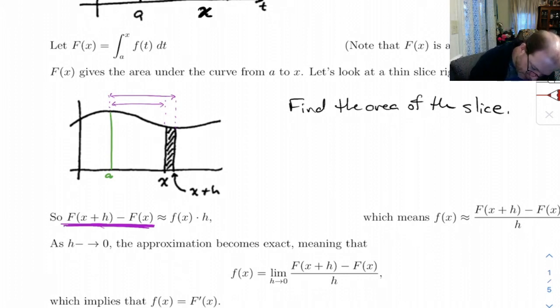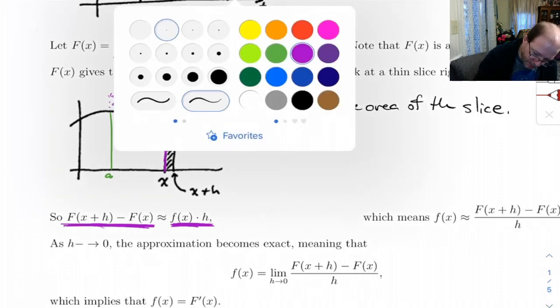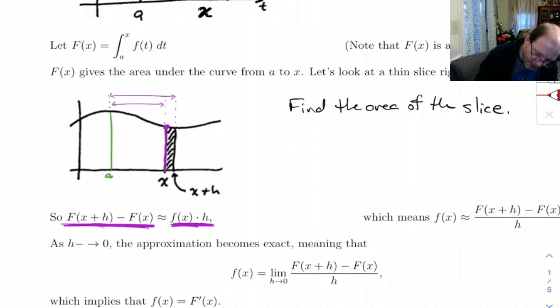Now, that's approximately equal to this. What is this? Well, f of x is the height of the slice, at least on this side. And h is the width of the slice. So if I take f of x times h, that's approximately the area of that slice.